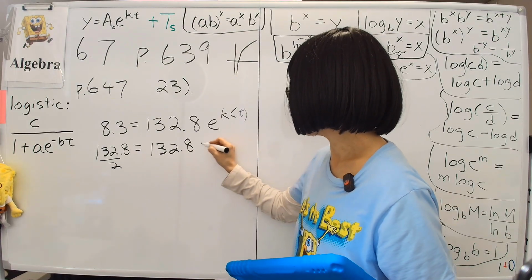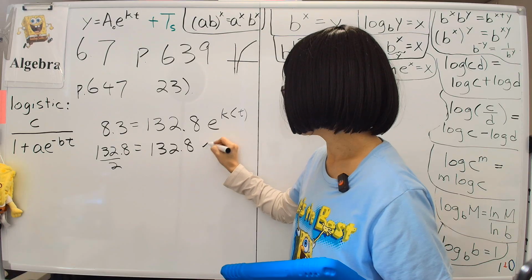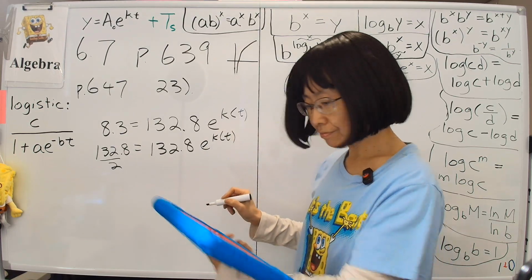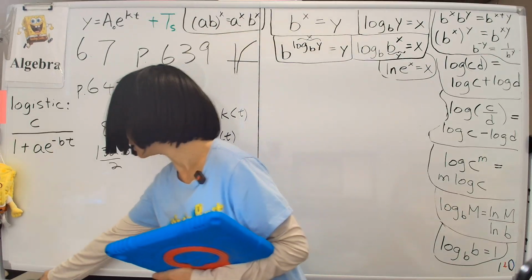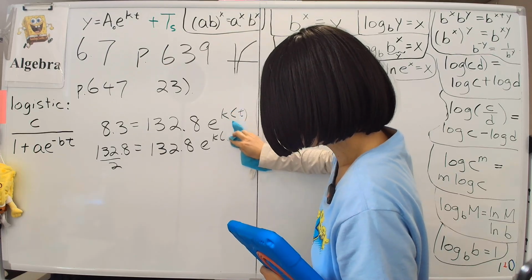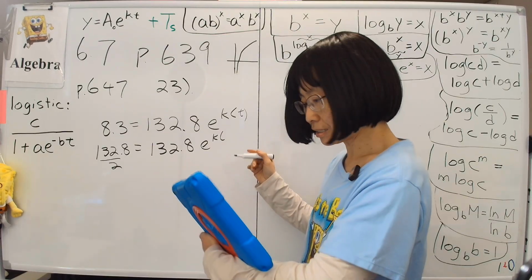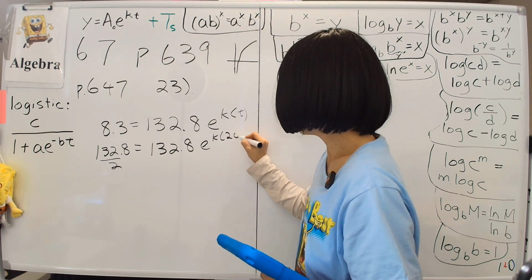That's the second equation, also equal to e to the k of t. The half-life is, and it's not just t though. We do know what t is because it gave us the half-life. So after 2,000 some minutes, this stuff is only going to be half as much. So t equals 2045.